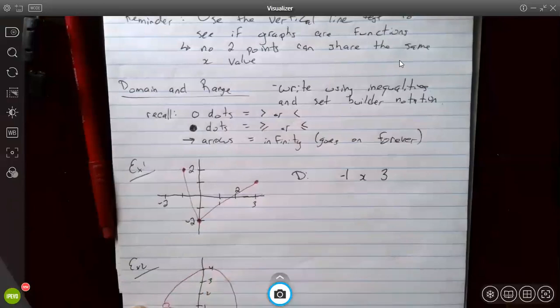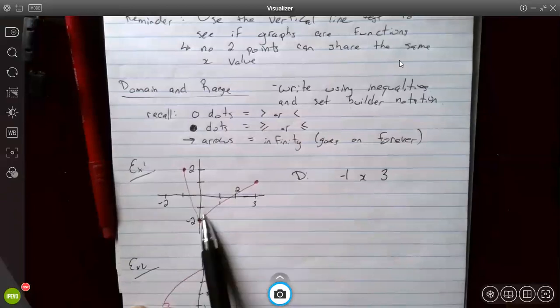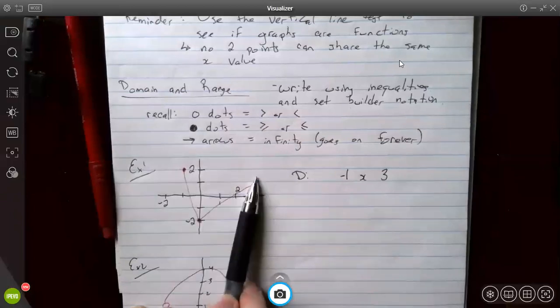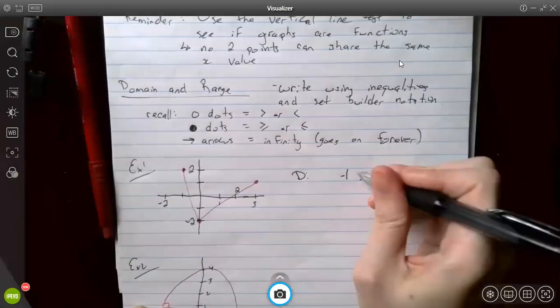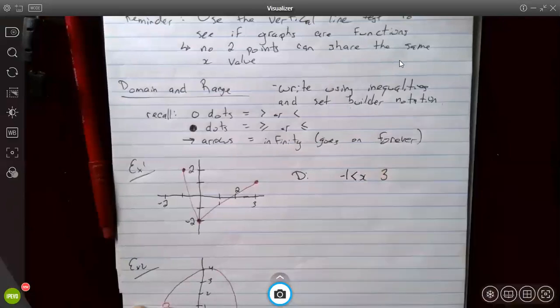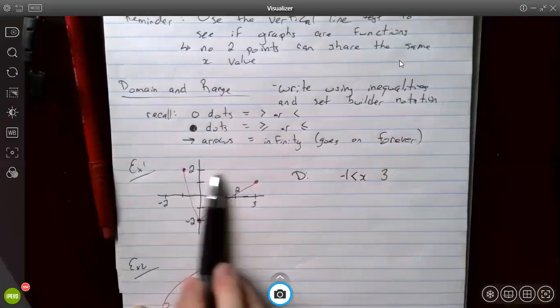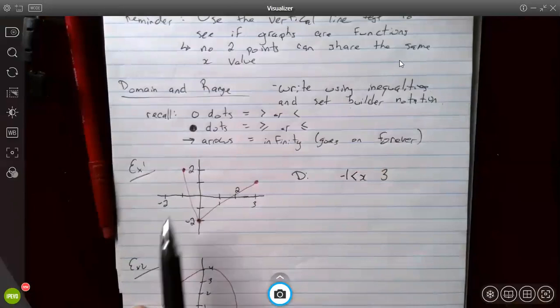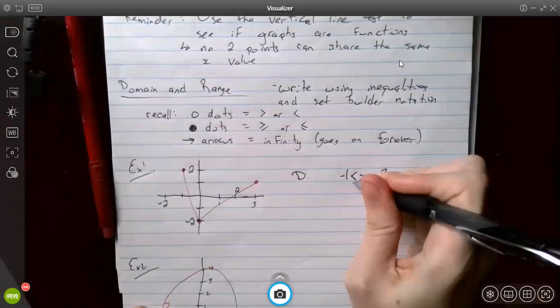greater than, less than, greater than or equal to, less than or equal to. So because all of the x values in this graph are above -1, that means that our x is going to be greater than -1. Because if I pick any point on this graph, the x value is going to be above -1. And because this is a closed-in dot here, I can put or equal to.